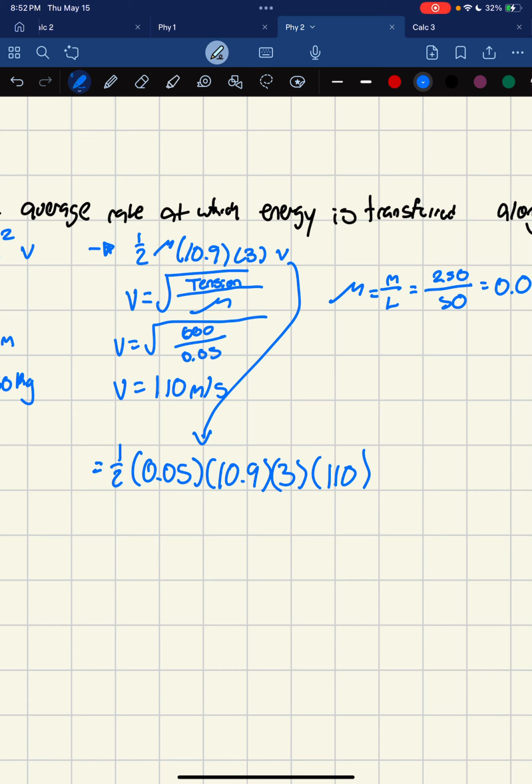And this is equal to the average rate, which is also power. So put this in my calculator, 1/2 times 0.05 times 10.9 times 3 times 110.